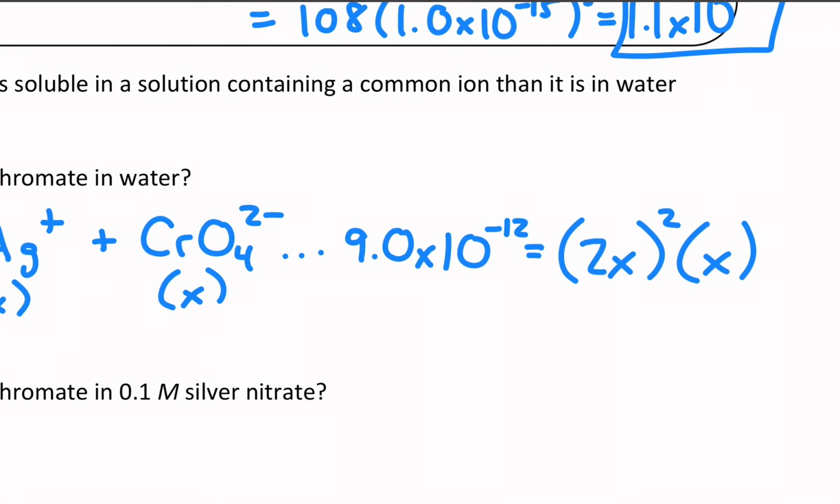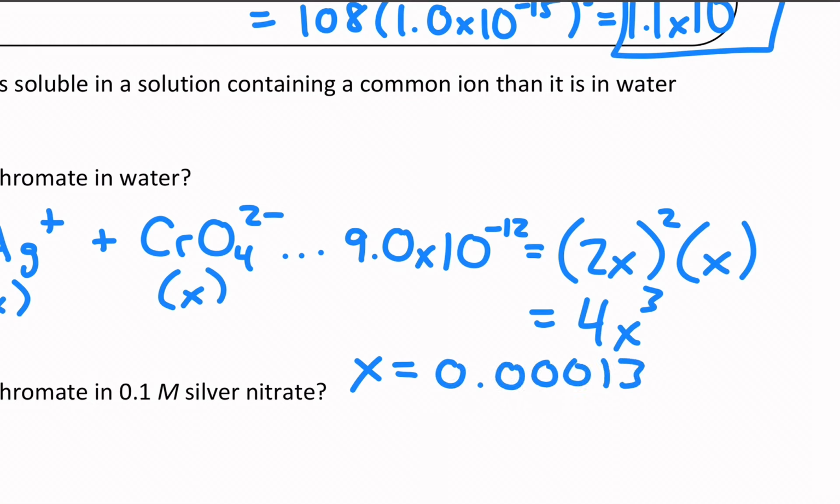So that means this equals 4x cubed. And we have a very simple cubic to solve, and you get the value of x, which is 0.00013, and that's the molarity. That is the molar solubility.